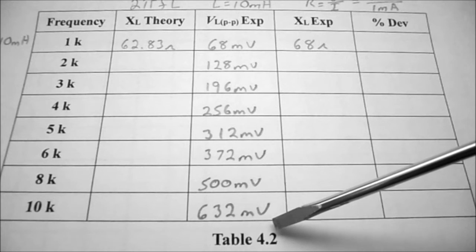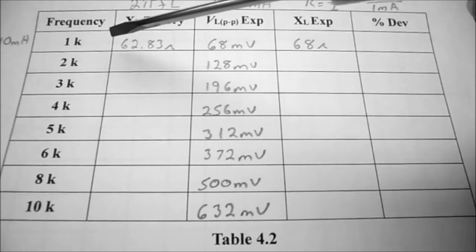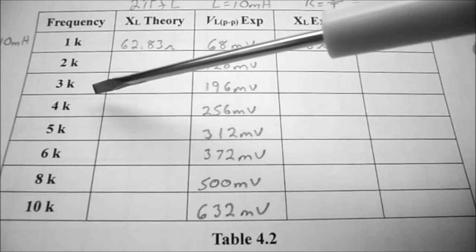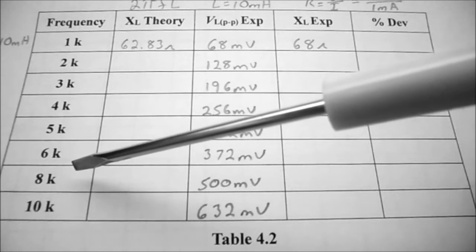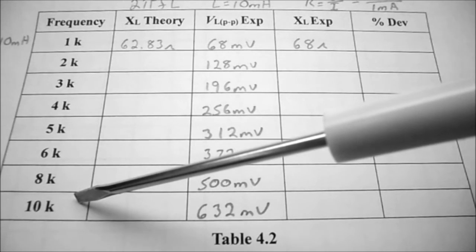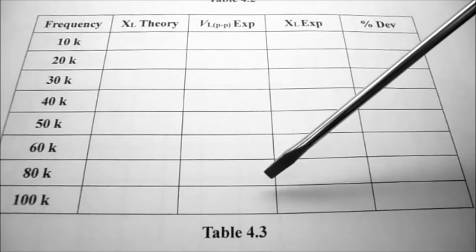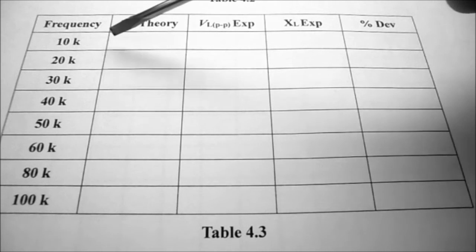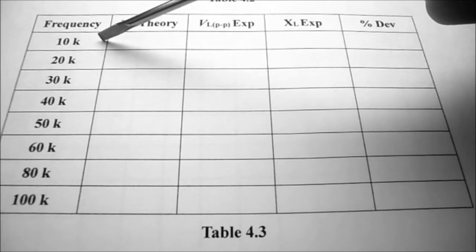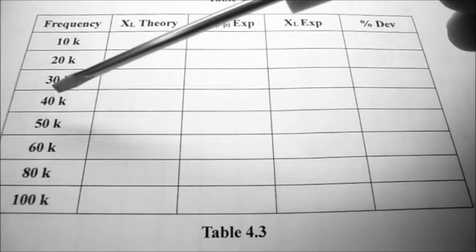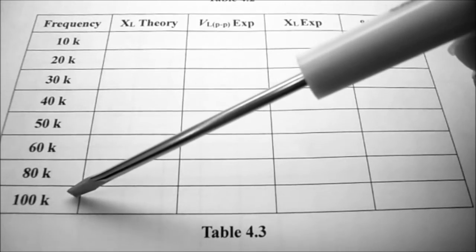On table 4.2, the frequency range was 1, 2, 3, 4, 5, 6, 8, and 10 kilohertz. On table 4.3, the frequency now starts at 10 kilohertz, and we work our way up to 100 kilohertz.